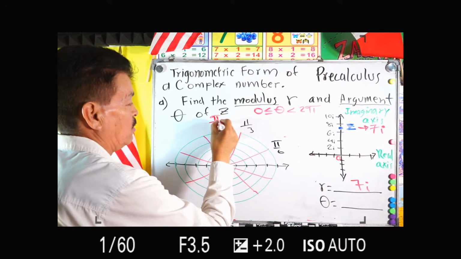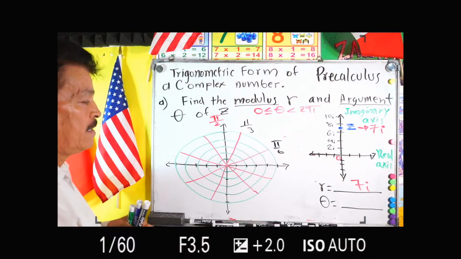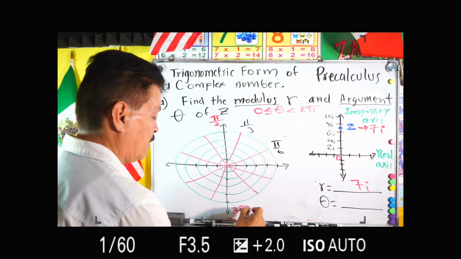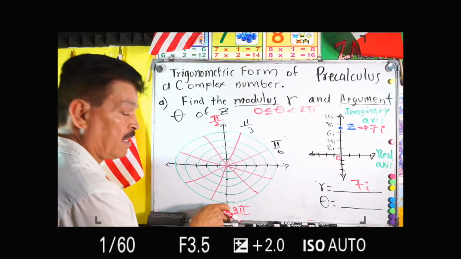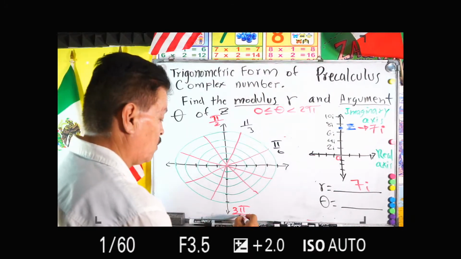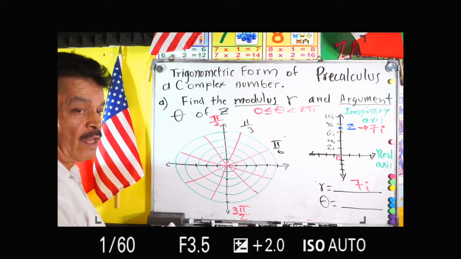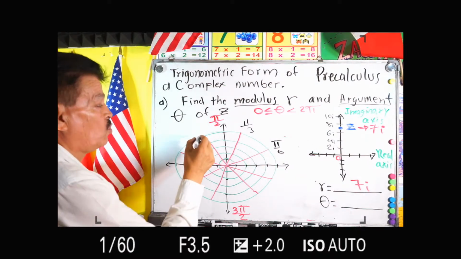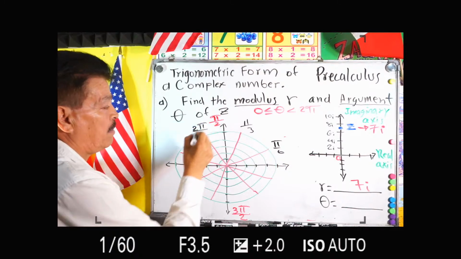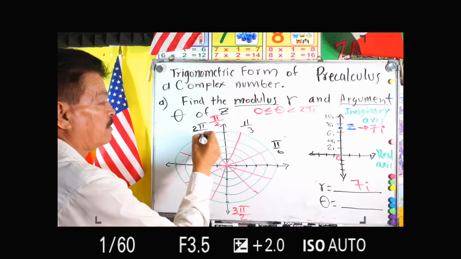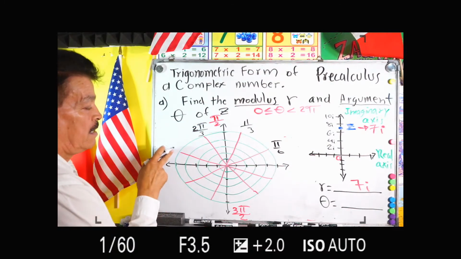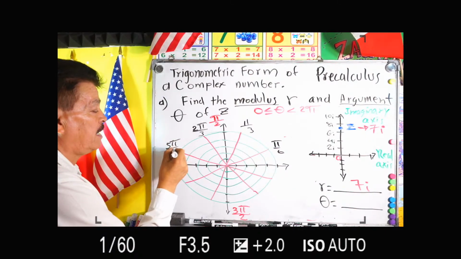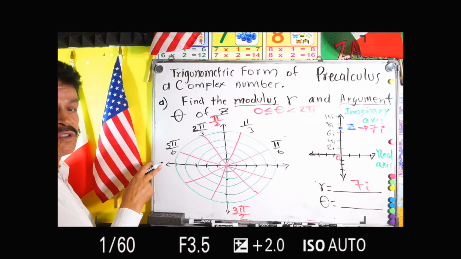Here is 3 pi divided by 2, and this line is 2 pi divided by 3. This line is 5 pi divided by 6, and this of course is only pi.